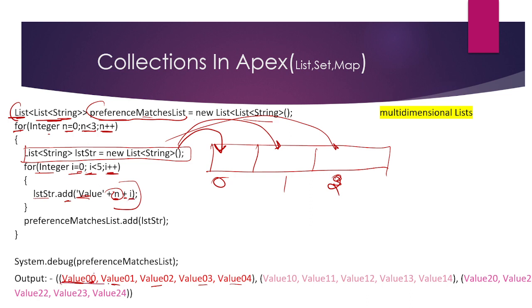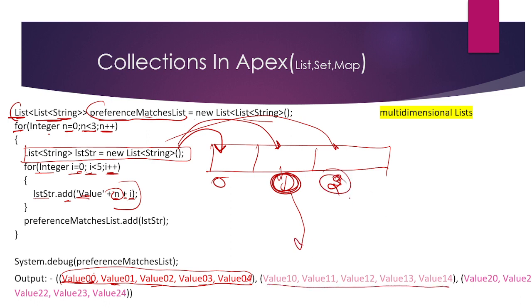Now this is our first index list, and the values in it form a list of list. This is at the second index, and so on, like that. This list comes here and this is the second index, this list comes here. I hope you understand how to run that loop.